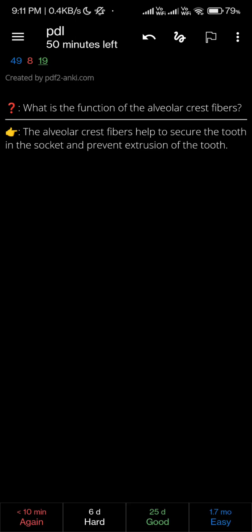So what is the function of alveolar crest fibers?